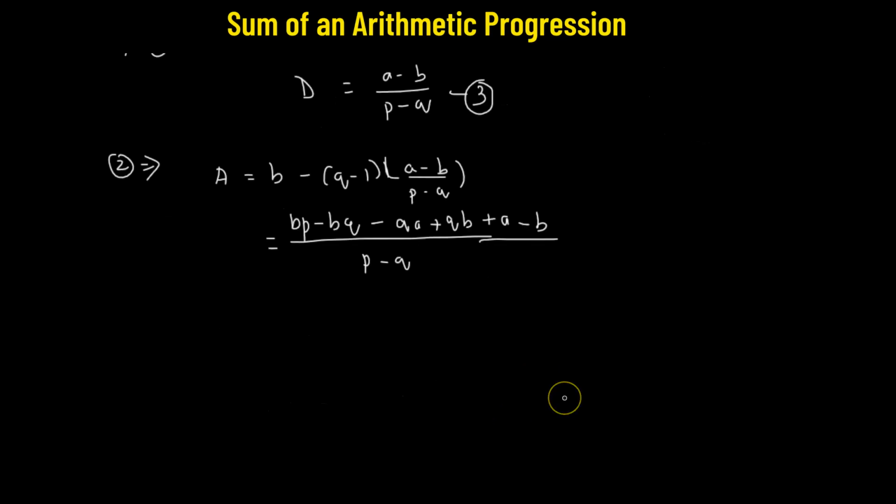Clearly a few terms will cancel out: negative bq and positive qb cancel, and we are left with bp minus aq plus a minus b, all divided by p minus q. So this is our first term. Let's label this as equation number 4.